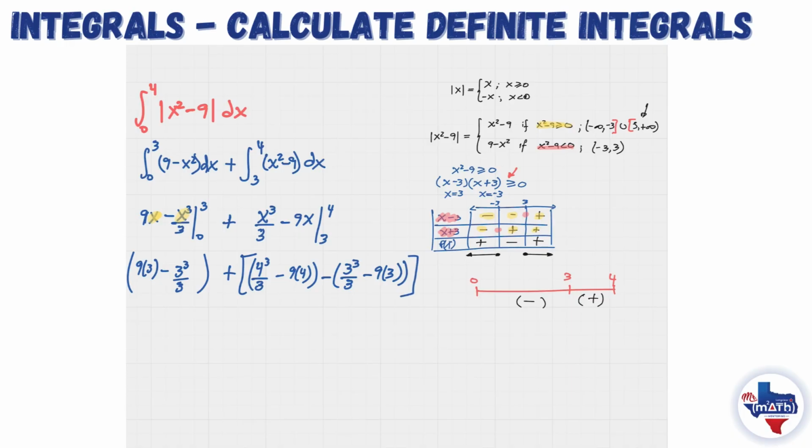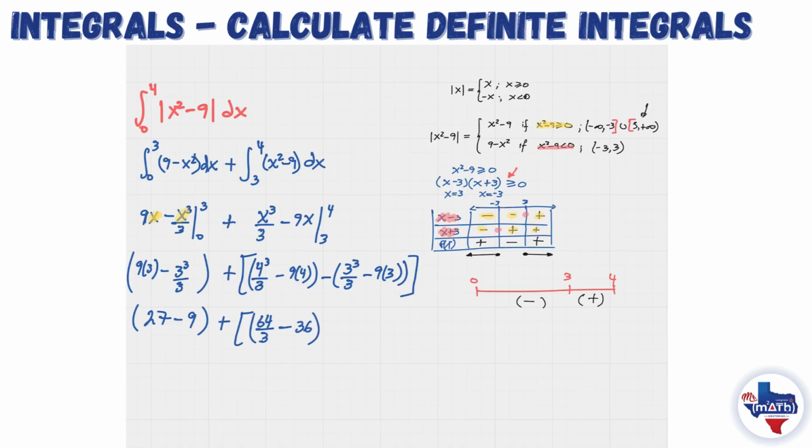Okay, so the first one will be 27 minus, 3 times 3 is 9, times 3 is 27, and 27 divided by 3 is 9, plus 4 times 4 is 16, and 16 times 4 is 64 over 3 minus 36.